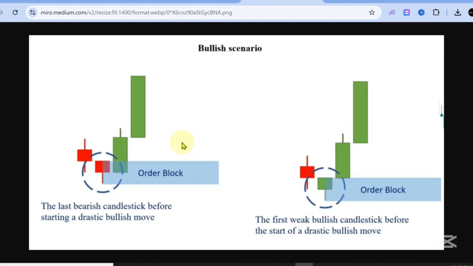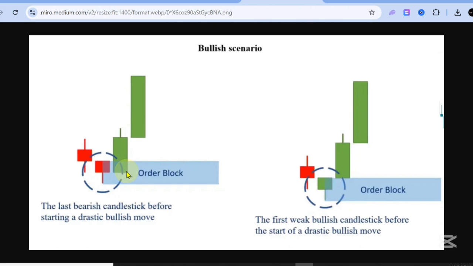So guys, to identify an order block, you need basically three candles. There is the bullish order block and the bearish order block, but first I'll talk about the bullish order block. For you to identify an order block in any scenario, you need to be able to identify three candles. One, a bearish candle, or a red candle, or a sell candle.